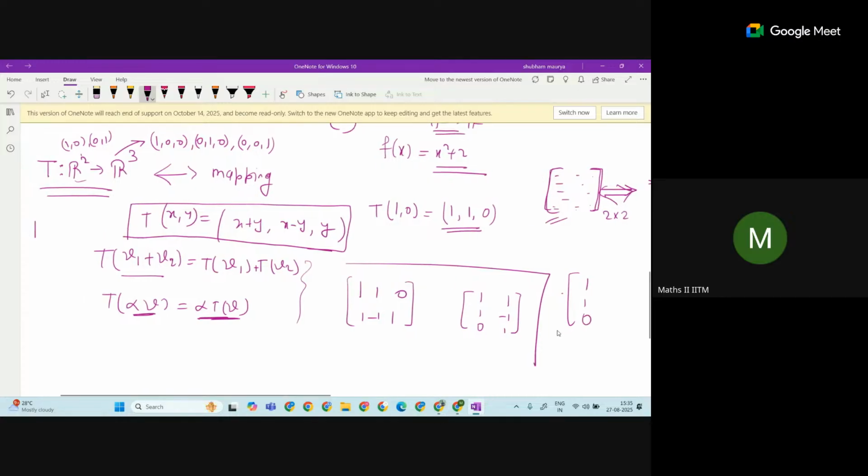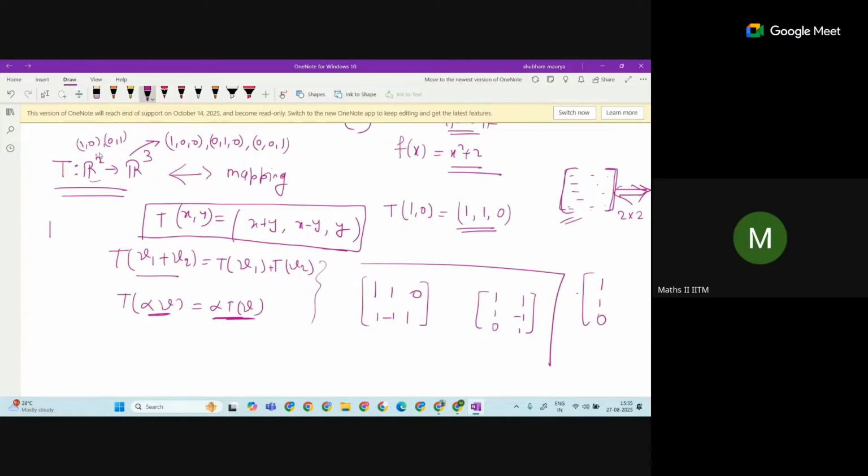How many numbers are there? These two define the order of the matrix. This gives the number of rows, and this gives the number of columns. So this is going to be a 3 cross 2 matrix, 3 rows and 2 columns.